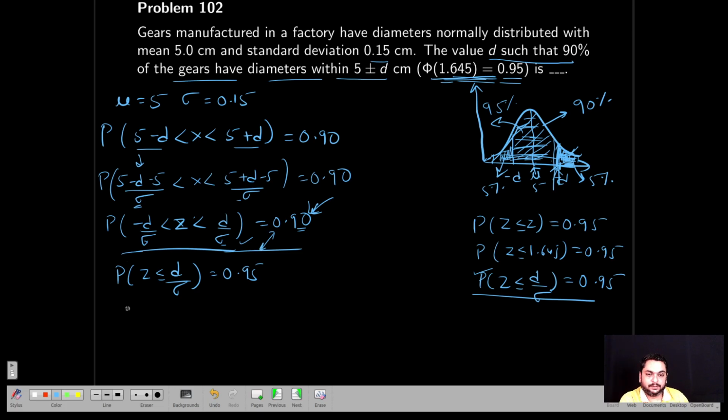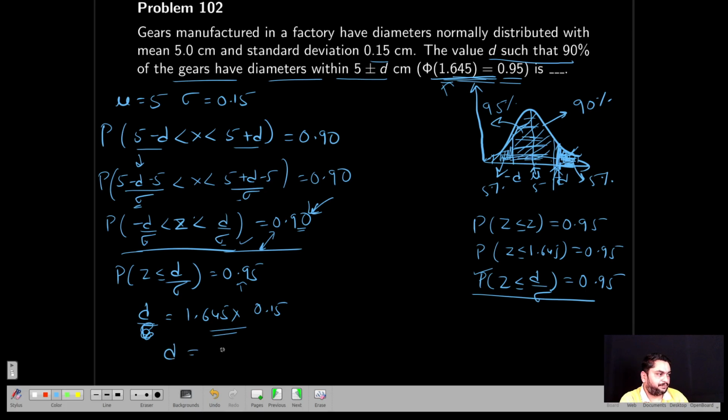Now, what will we get? This value is already given. Take the inverse of it. It is 1.645. D by sigma equals 1.645, so D equals 1.645 times sigma. What is the sigma value? 0.15. We found the D value. What is D?